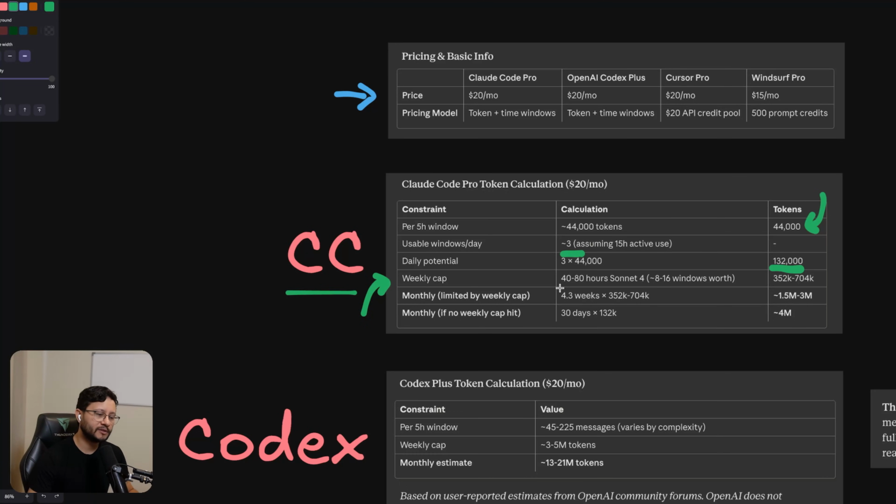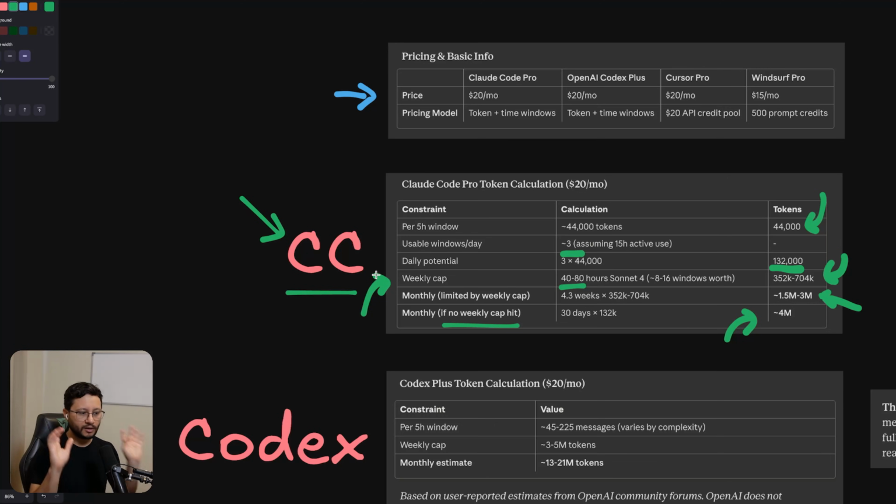The weekly cap is from 40 to 80 hours. I didn't find an exact number for that, but this would be a total of 352K to 704K tokens per week, which would give us a maximum of 3 million tokens per month. But if the weekly cap is never hit, we could be able to use up to 4 million tokens inside of Claude Code.